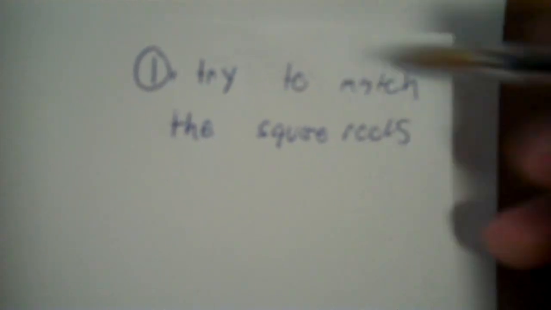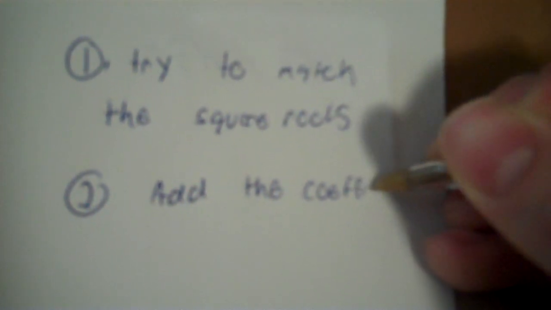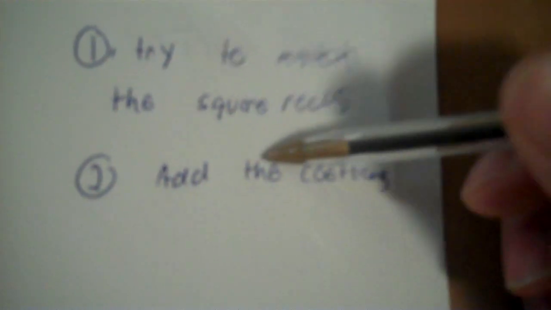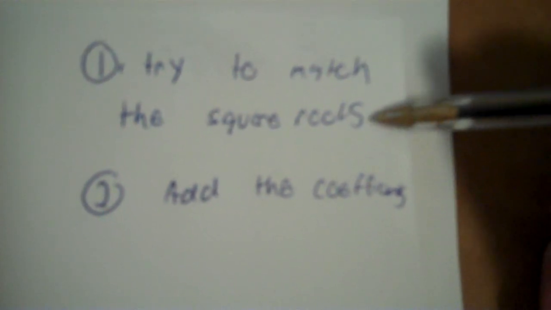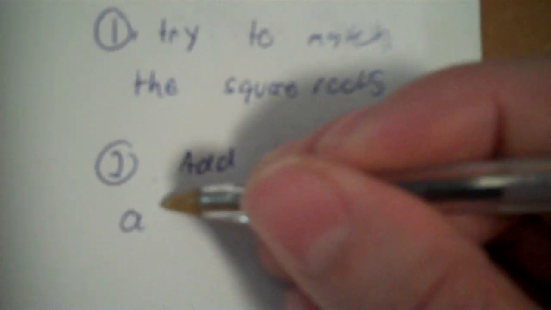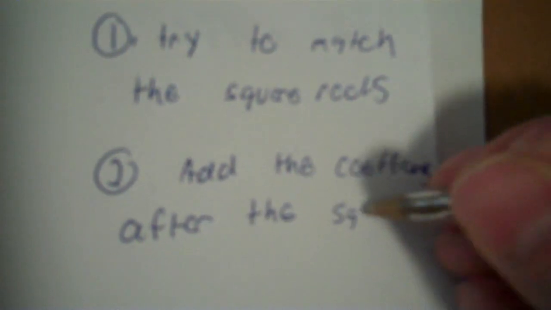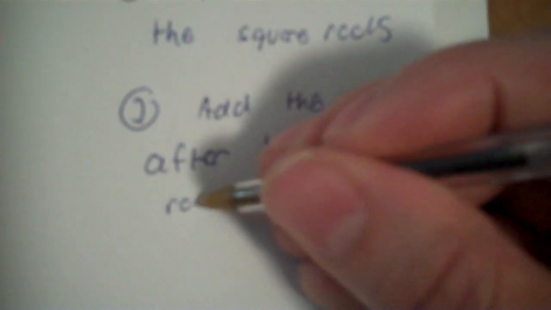And after they match, if you're able to get them to match, okay, you add the coefficients. But you can only add the coefficients if the square roots match, okay? Add the coefficients after the square roots match.